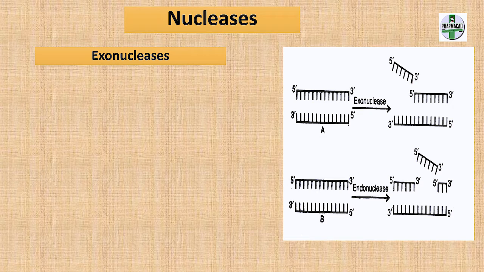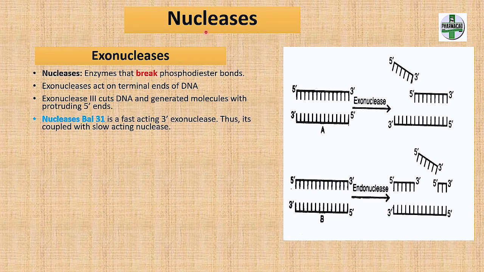Nuclease enzyme. The role of this enzyme is exactly opposite to that of DNA ligase. Where DNA ligase is involved in forming the phosphodiester bond, this nuclease is involved in breaking the phosphodiester bond. There are two types, exonuclease as well as endonuclease.